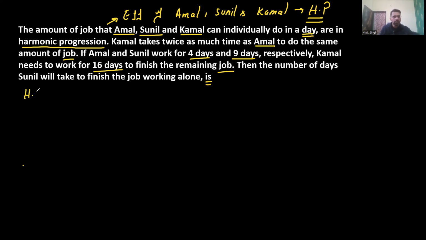HP is equal to the inverse of AP, and efficiency is also the inverse of time. Now the ratio of the efficiency is given in HP, so their time will be in AP.